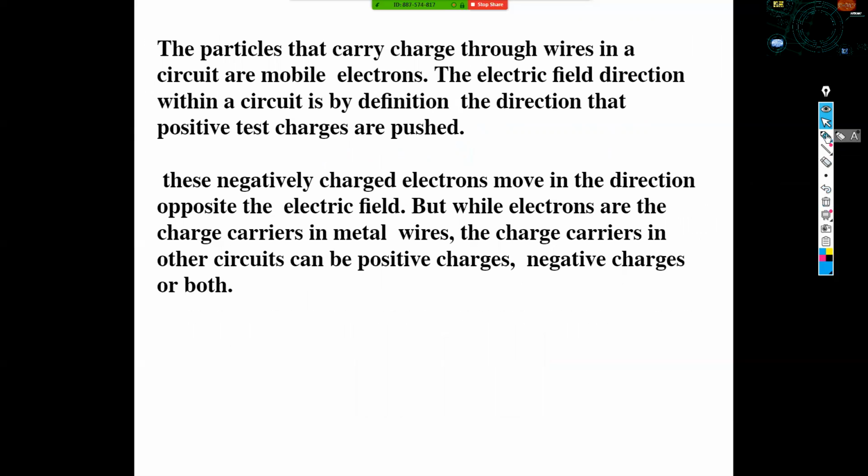All right. The particles. Here's where I told you you're going to get confused when we first started electricity. The particles that carry charge through a wire in the circuit are your electrons. If you think of the structure of an atom, those protons are bound up inside the nucleus. The electrons are the ones on the outside.